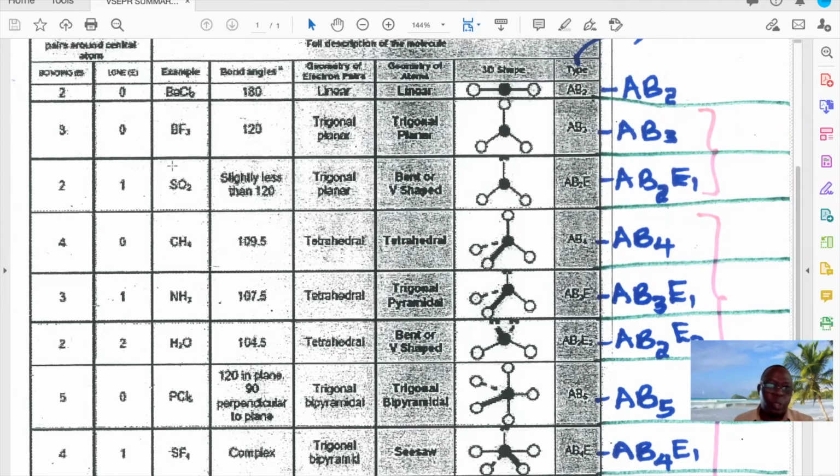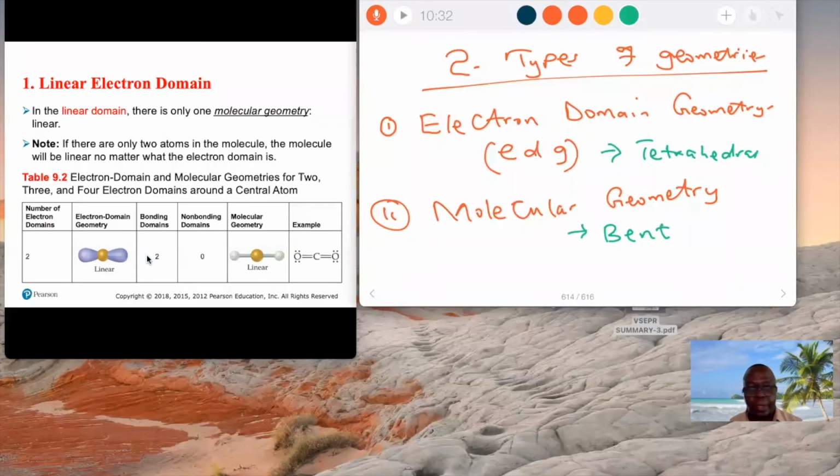The point I want to bring is how do you differentiate between the molecular geometry and the electron domain geometry. Electron domain geometry only looks at the electron domains around the central atom, but the molecular geometry looks only at the number of atoms around the central atom.